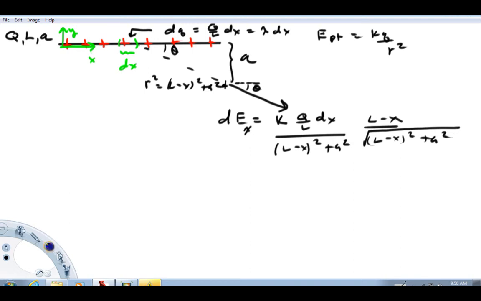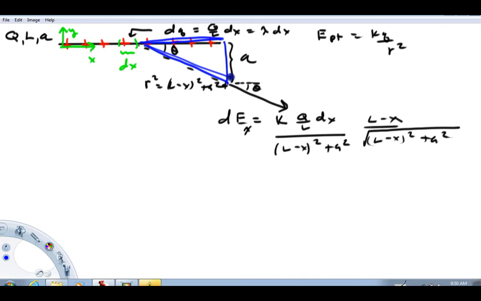I'm going to go ahead and do this in blue. That's from this triangle right there. The height, this distance, is equal to L minus x. This distance is the square root of L minus x squared plus a squared.